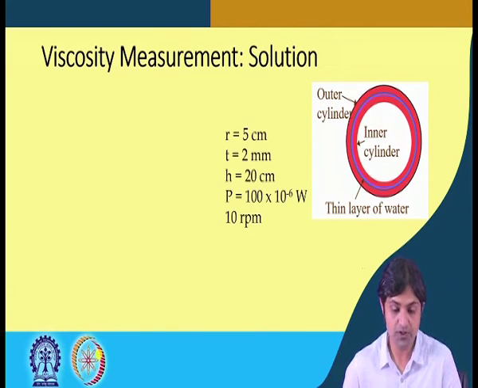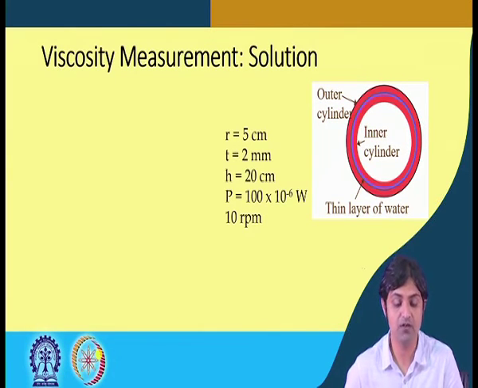To be able to solve this, I have written all the quantities that I know. Radius of the inner cylinder is 5 centimeters, fluid thickness is 2 millimeters, height is 20 centimeters, power is 100 into 10 to the power minus 6 watt, and omega is 10 rotations per minute.